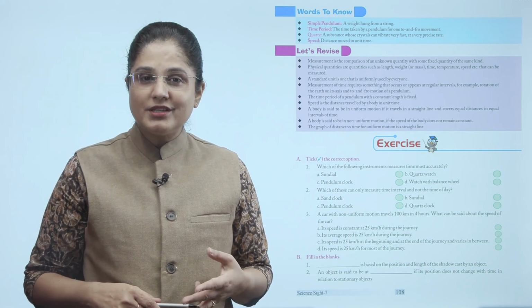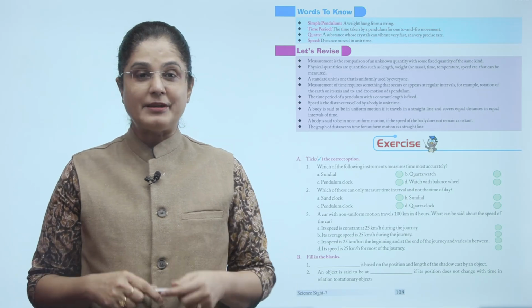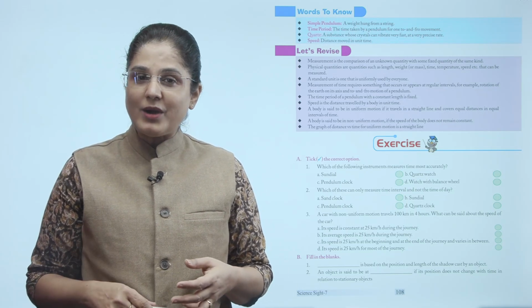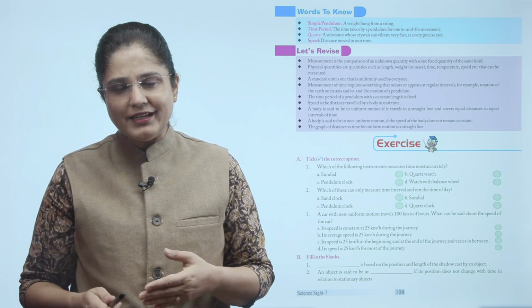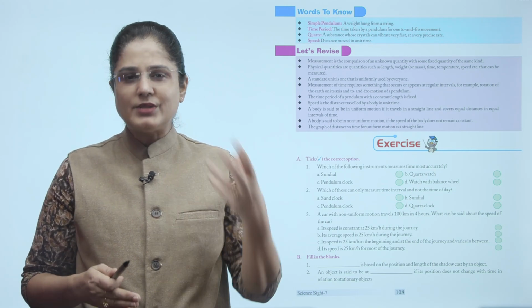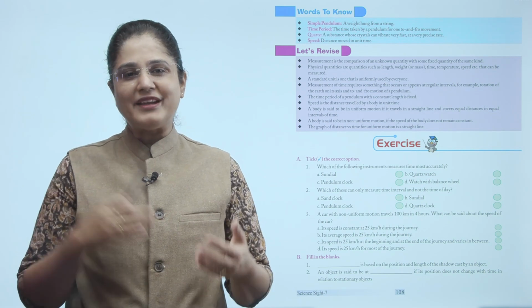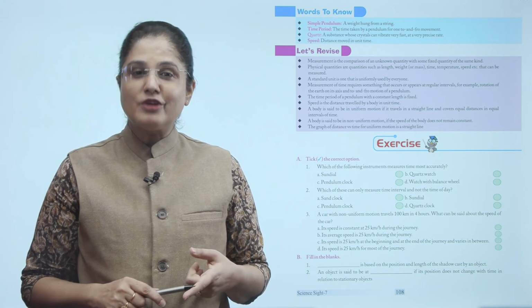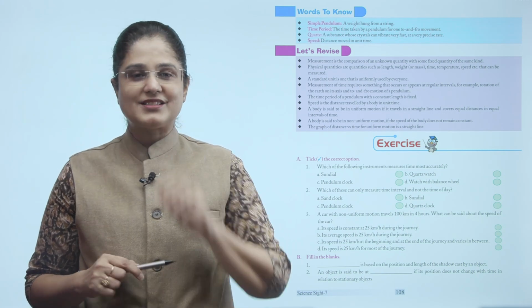A standard unit is one that is uniformly used by everyone. Measurement of time requires something that occurs or appears at regular intervals, for example, rotation of the earth on its axis and to-and-fro motion of a pendulum. The time period of a pendulum with a constant length is fixed.